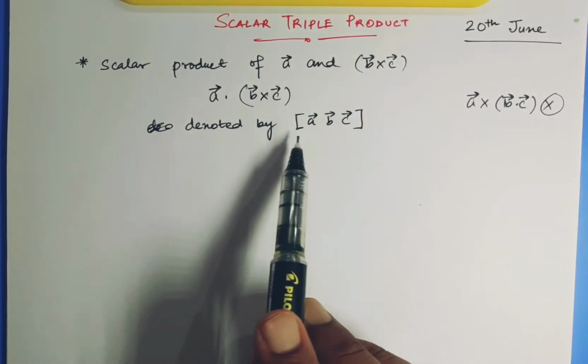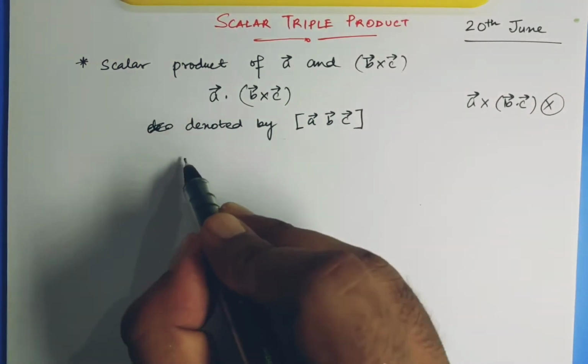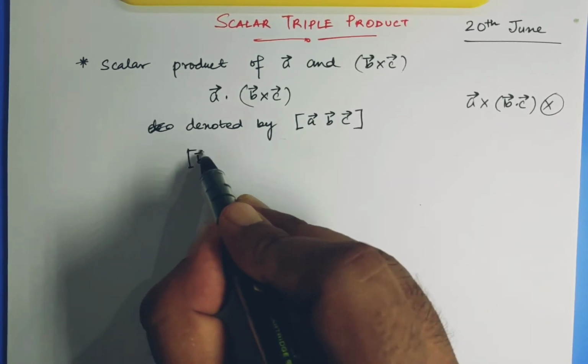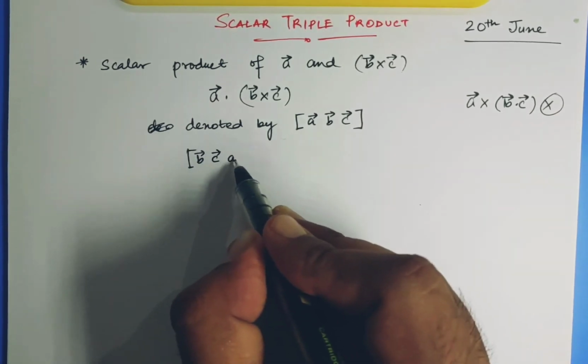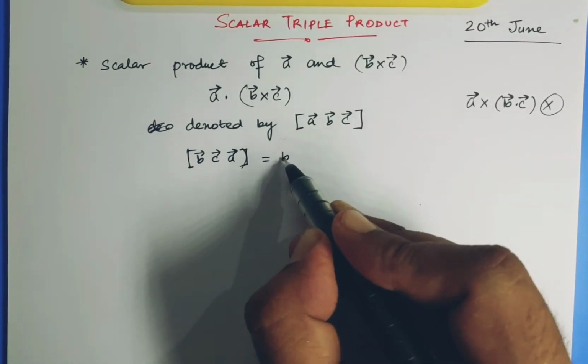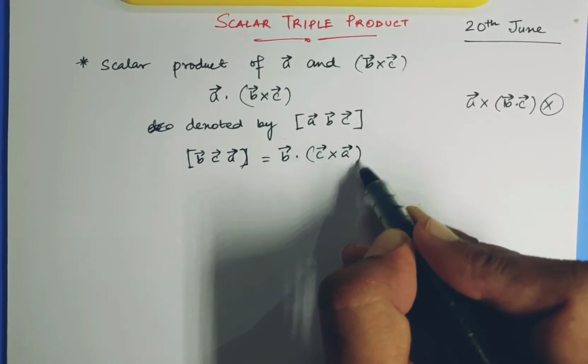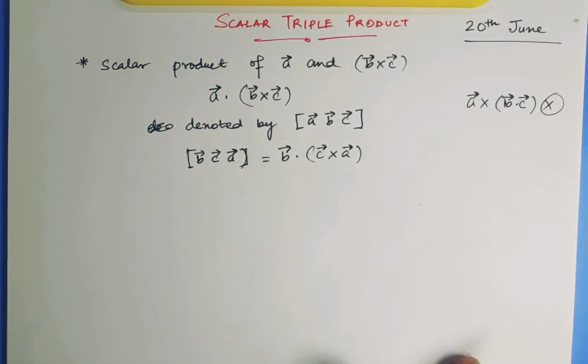Now if somebody asks you what is B, C, A, it will be B dot C cross A. Clear? So that's our scalar triple product.